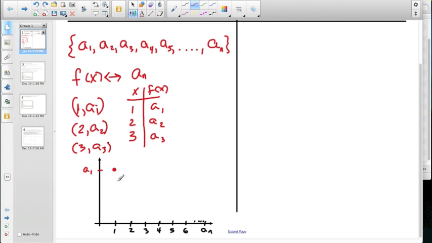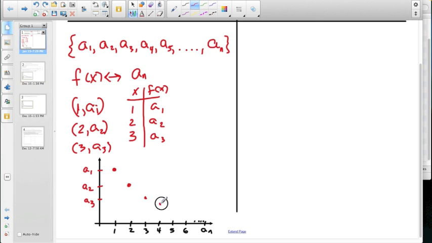There's the value a sub 1, and it represents the first term of the sequence. The value a sub 2 might be here, and it represents the second value in the sequence, and the value a sub 3 maybe is about right there, and so on and so forth.